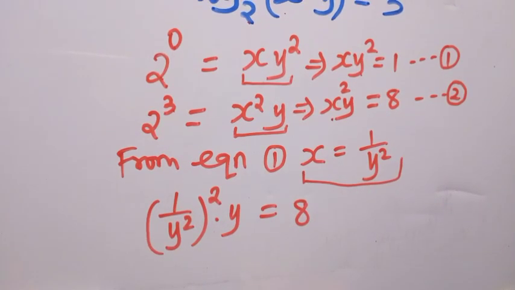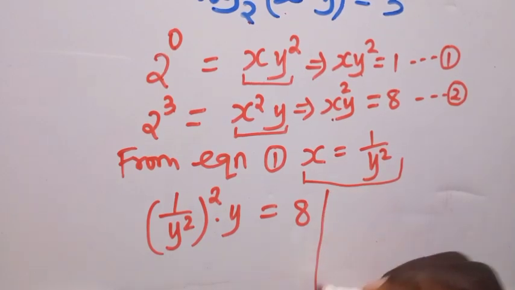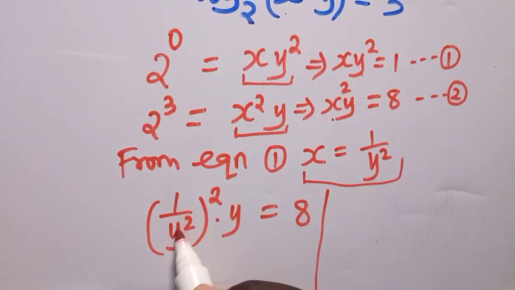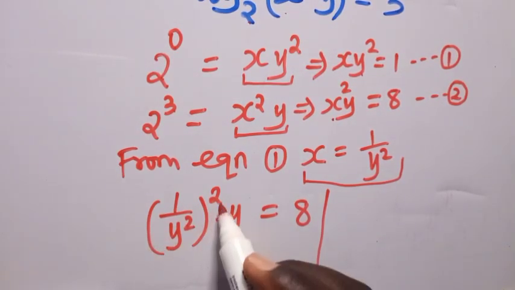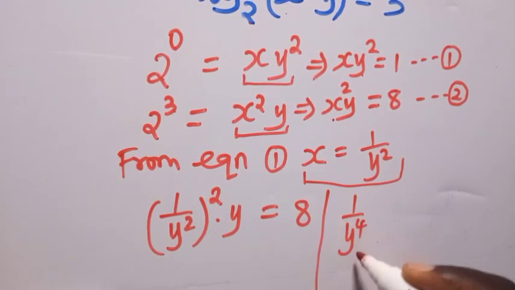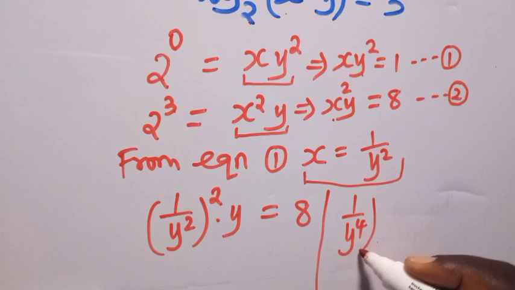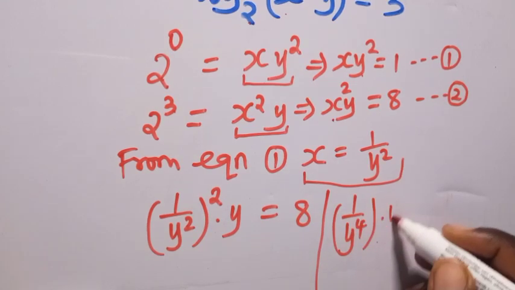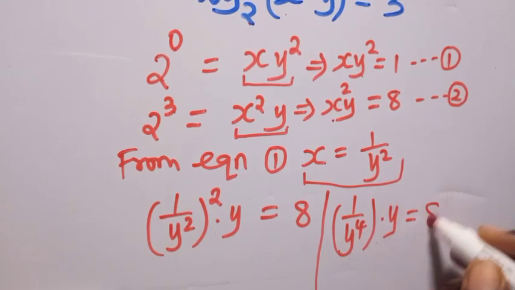Now, (1 over y squared) squared is 1 over y raised to 4. Then close the bracket, times y equals 8.